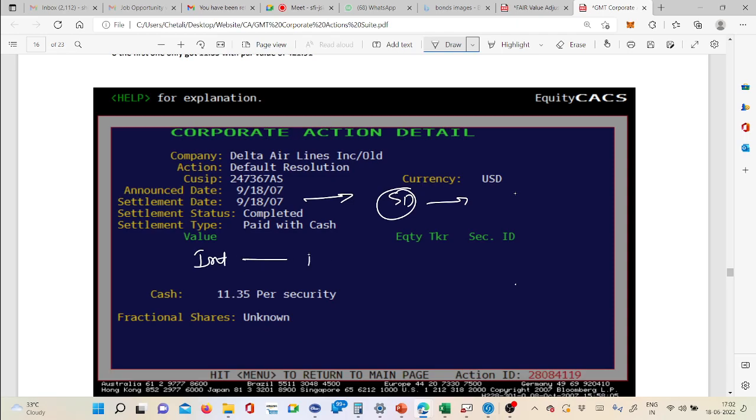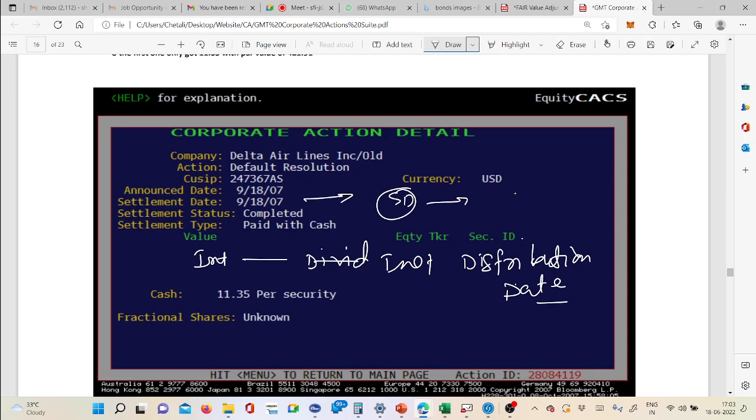Interest payment, so it means dividend, interest distribution date would be your settlement date. So there should be security exist or prevailed in the books of account on the settlement date, right?